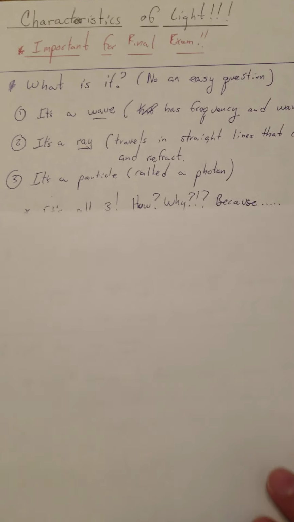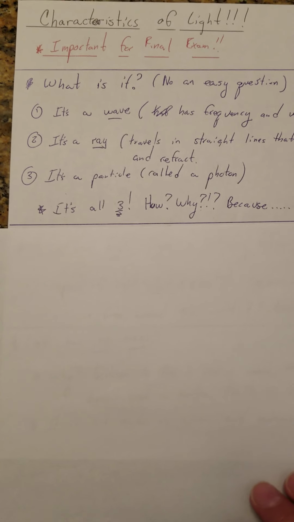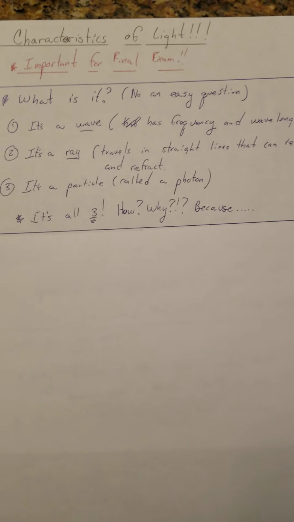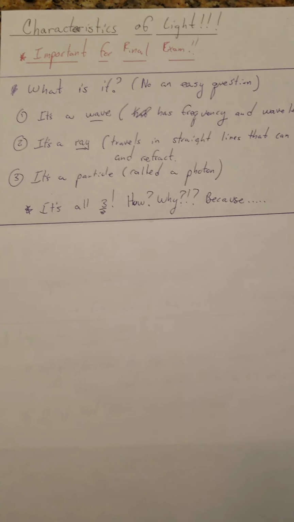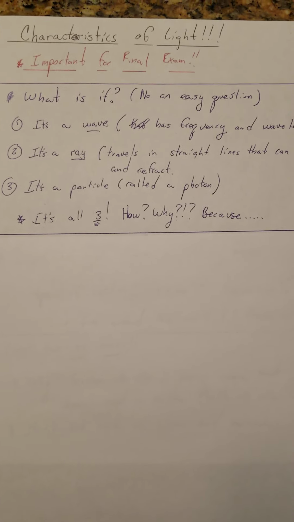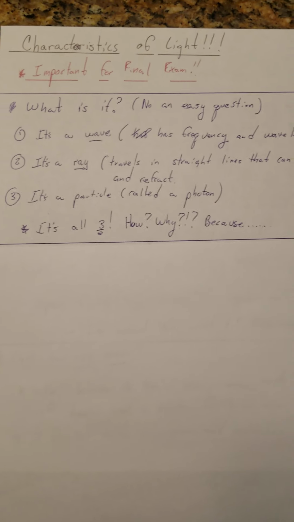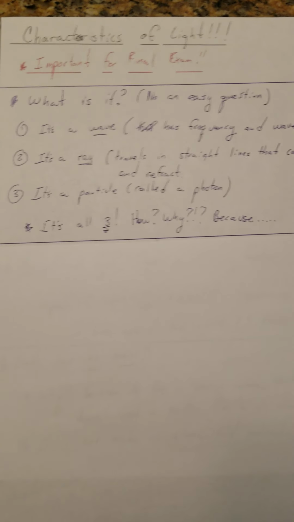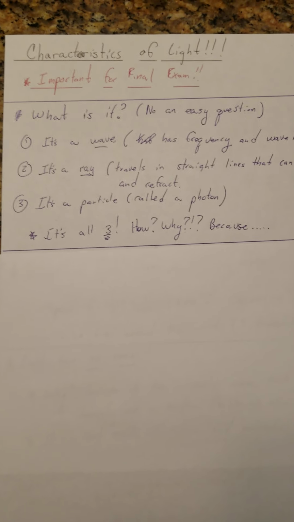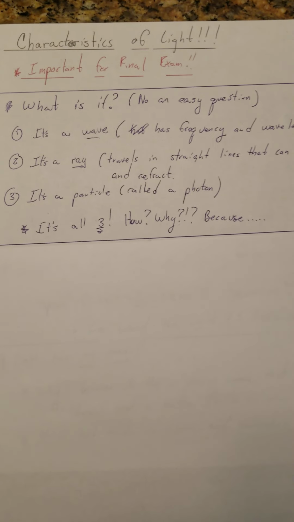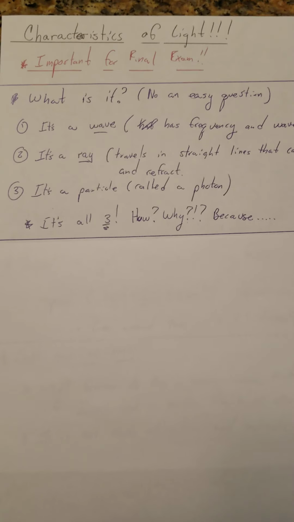And here's the worst part, it's all three. You can think of light as either a wave or a ray or a photon, depending on how you want to look at it. How can that be? Why is that? Because reasons. This is a very hard question that science is still struggling with. How can one thing be all three things at once? Unfortunately, it can.